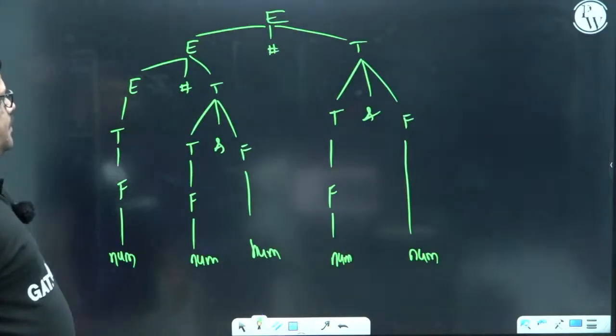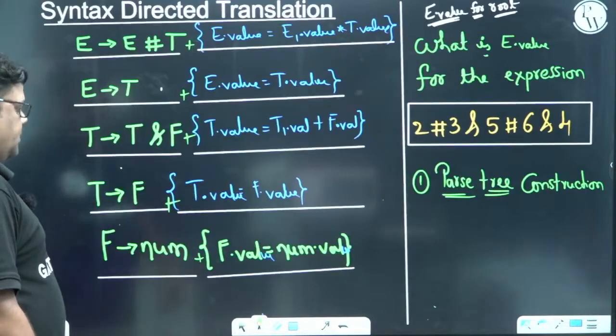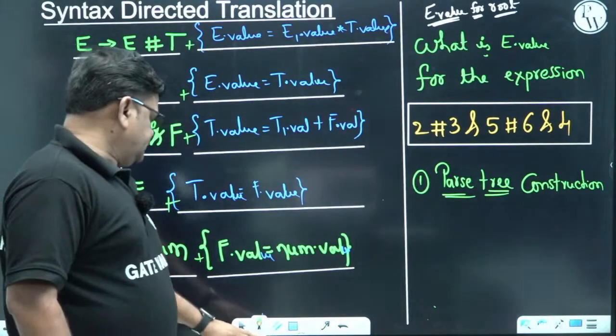So the parse tree will be like this. This is the parse tree for this input. Our input is 2-3.